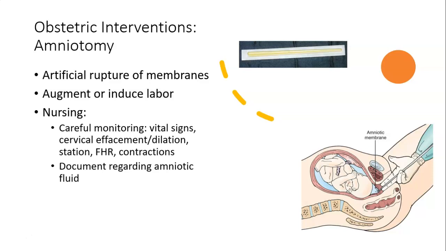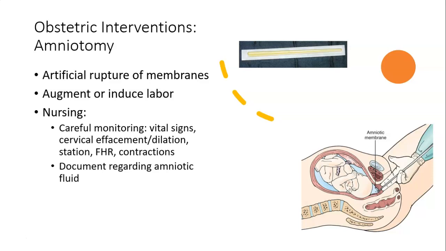So we don't want the mother sitting there with ruptured membranes, no protection for baby, for very long. In general, most providers and hospitals do not want them to go longer past 18 hours with ruptured membranes. That varies per provider and facility, but just be aware that 18 hours is sort of that magic number as far as how long they should be ruptured.